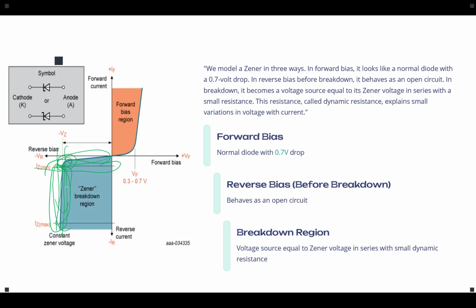Now, this is the breakdown voltage. We said the Zener diode has higher tolerance around the breakdown voltage than the regular diode, but that doesn't mean that they do not have a maximum tolerance when it comes to reverse current and voltage.